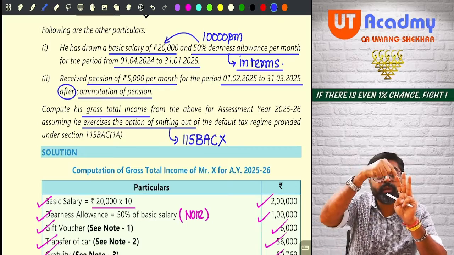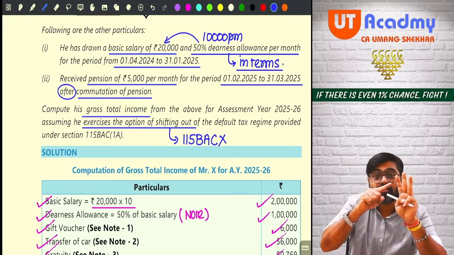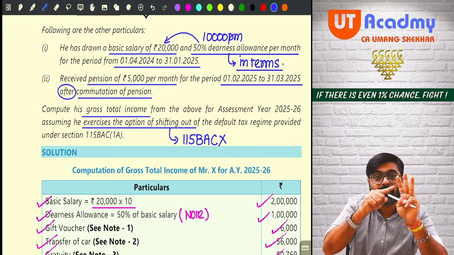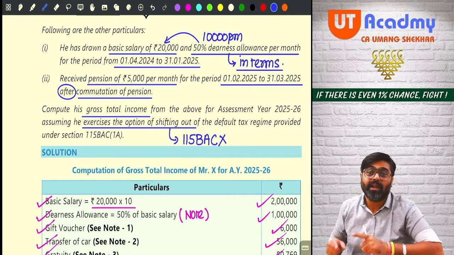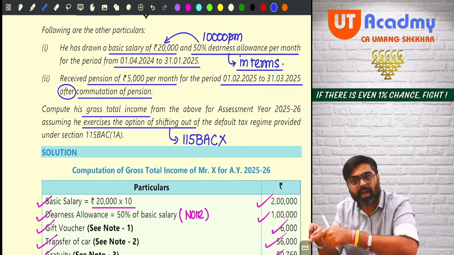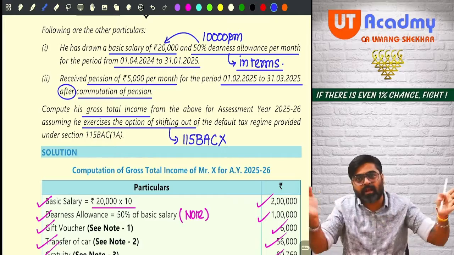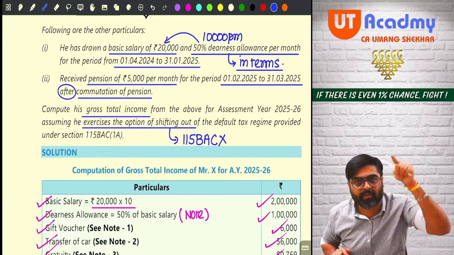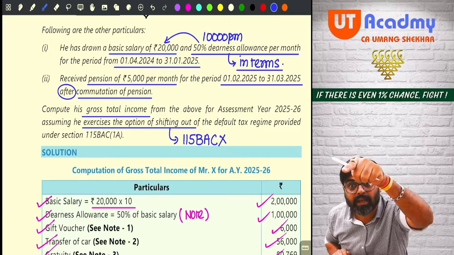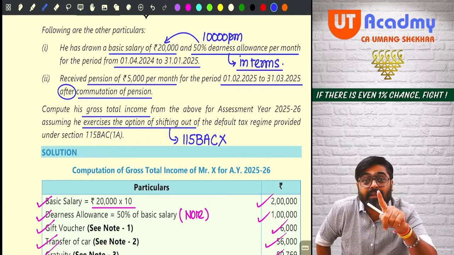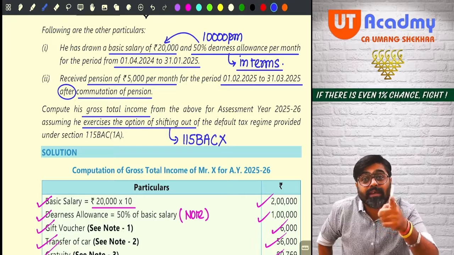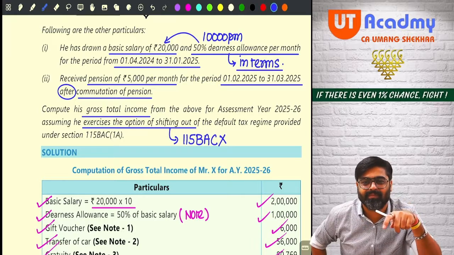Why is he going to include that DA? Because he is definitely going to cover that DA in the contract. If the DA was written in contract, that is the reason why DA and basic both are taken. 30,000 multiplied by 11, you are getting that 3 lakh 30. This is a pure indication that the DA is in terms. Getting my point?